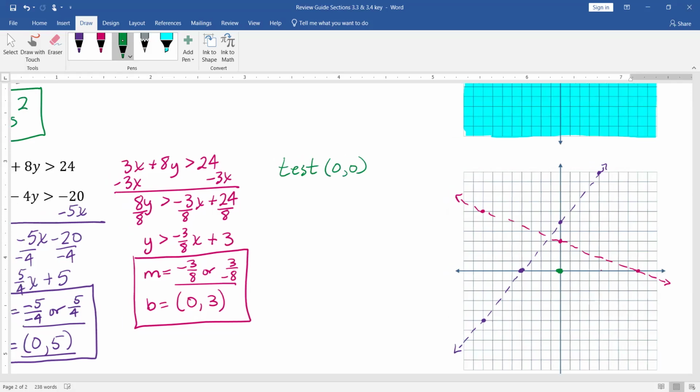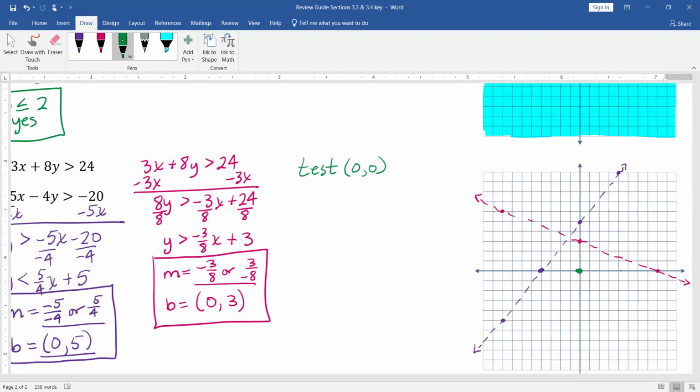So my first equation, 3x plus 8y is greater than 24. That means 3 times 0, plus 8 times 0, which is always just 0, is greater than 24. So instantly I see I've got a false statement. 0 plus 0 is still 0, and 0 is definitely not greater than 24.